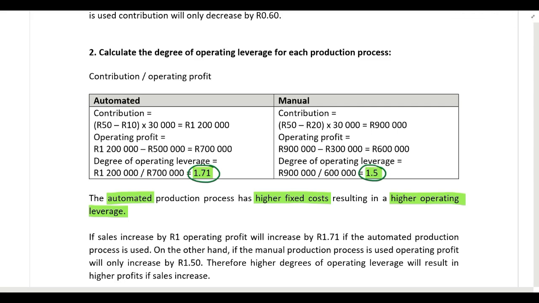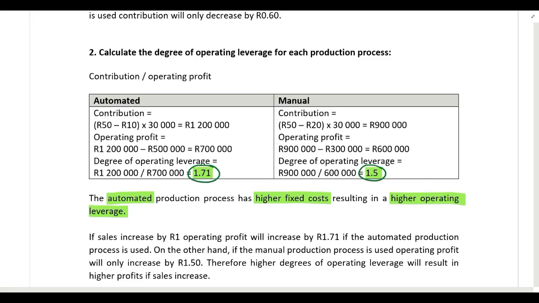On the other hand, if sales decrease by R1 and the automated production process is used, operating profits will decrease by R1.71. If the manual production process is used and sales decrease by R1, operating profits will decrease by R1.50. So you can see that the automated production process has greater volatility of profits.